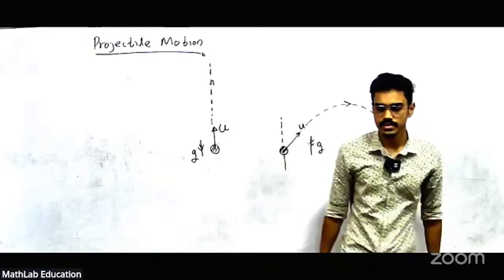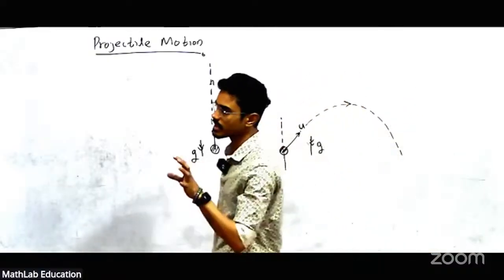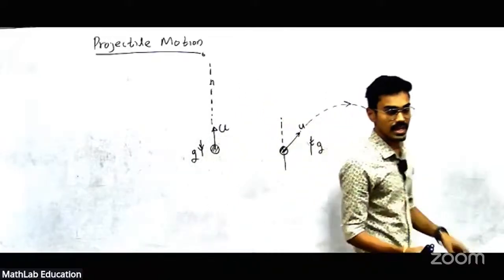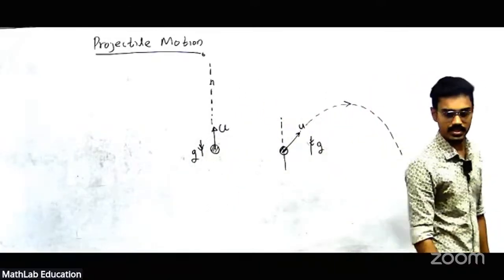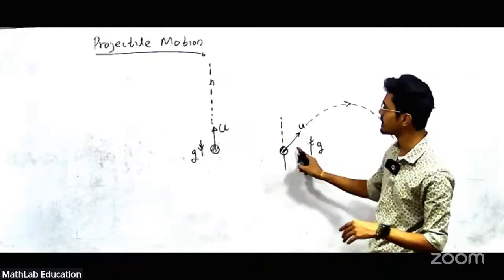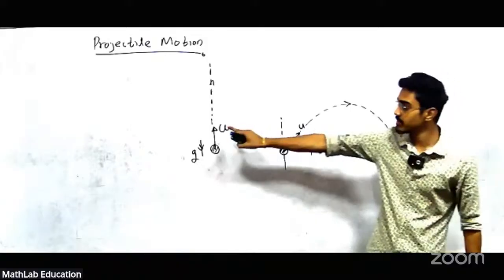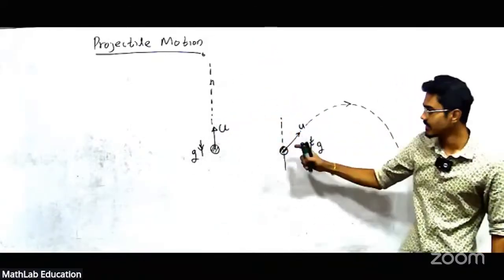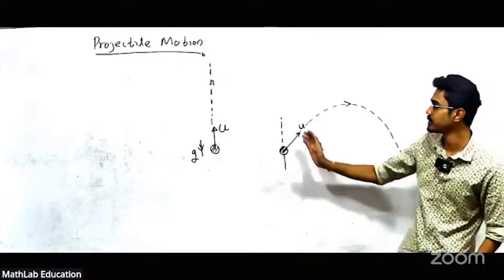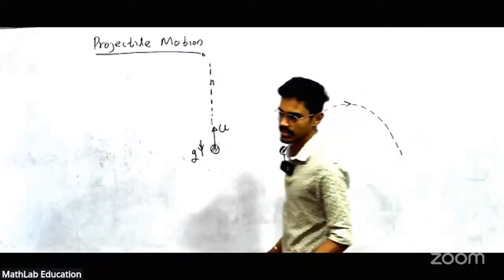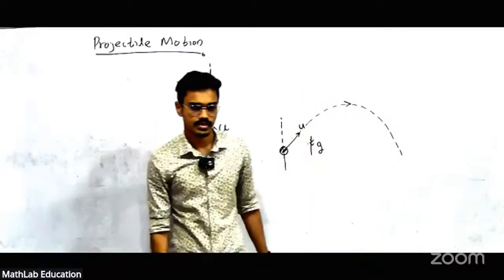So likewise, any motion under gravity, especially and most importantly with an inclined initial velocity, is going to be a projectile motion. Otherwise, if there is a vertical initial velocity, there will be a vertical linear motion. If there is an inclined velocity, whichever side the inclination is, it will be a projectile motion, right?